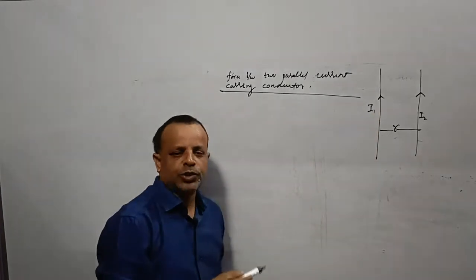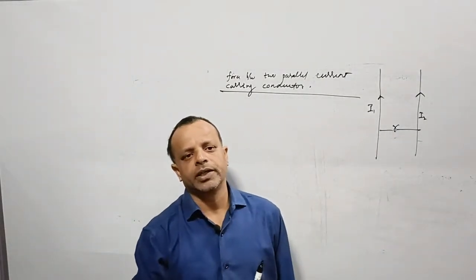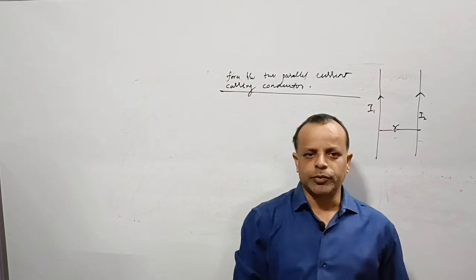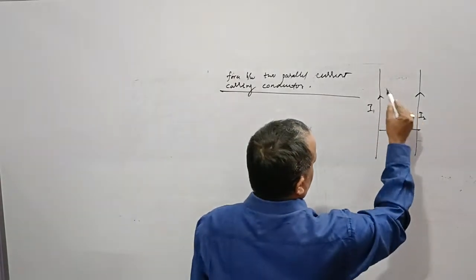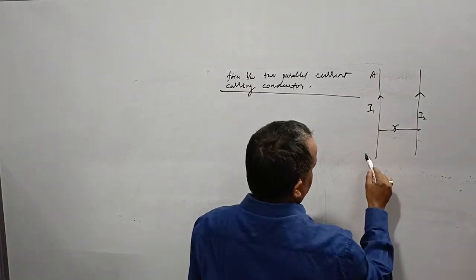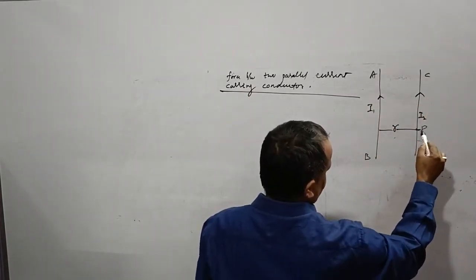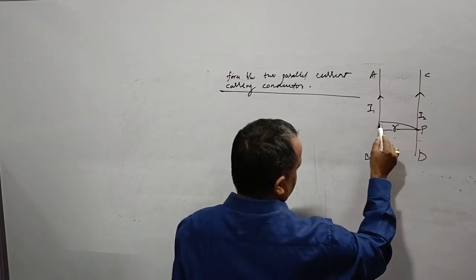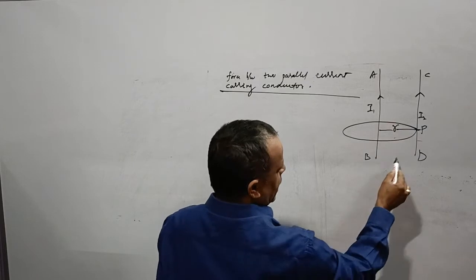In the last topic we studied that the force experienced by a current carrying conductor is equal to B into I into L. Over here, let us suppose this is a current carrying conductor AB, this is CD, and let us suppose a point P. What is the magnetic field produced by this conductor at this point P?